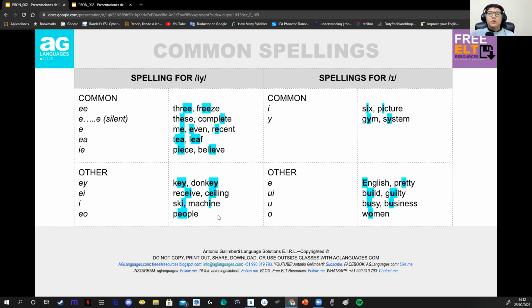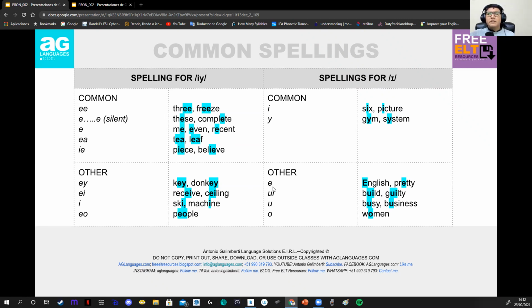E-O, people. Spellings for I, which is the lax vowel, okay? Again, see, you're gonna find here the I, and here as well the I. This is not a rule, it's more like a pattern. So, 6, picture. With Y, gym, system.